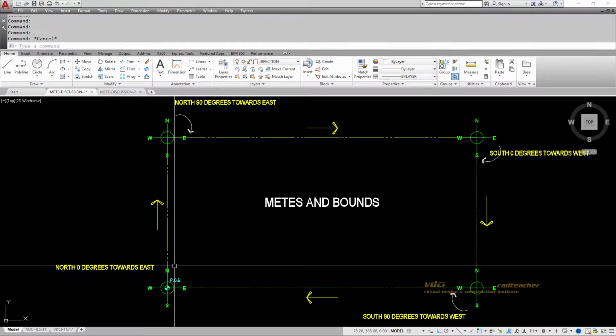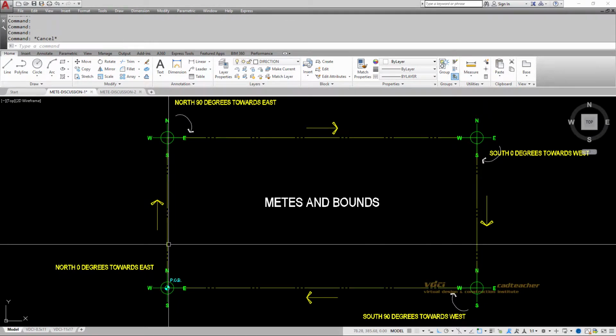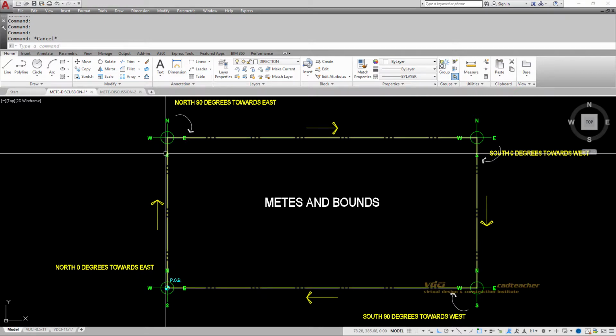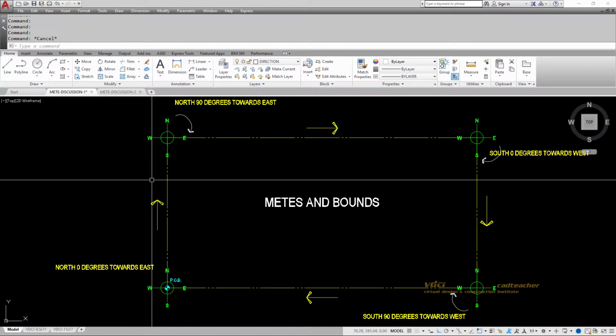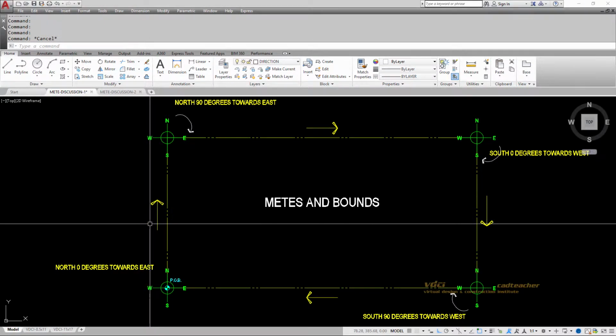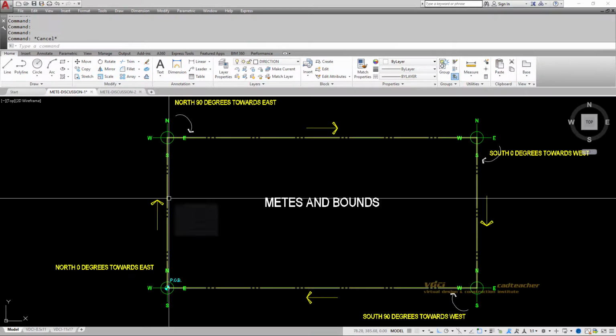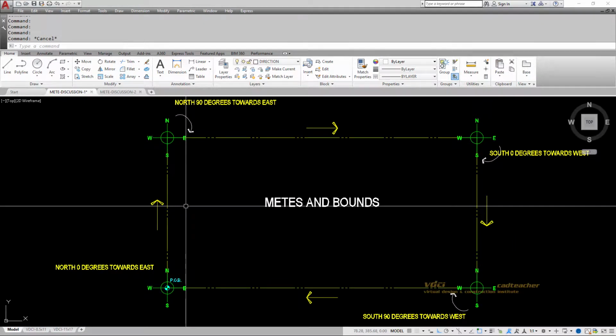Now, when I look at the line segment that is going this way, this segment is going north so many degrees towards east or towards west.